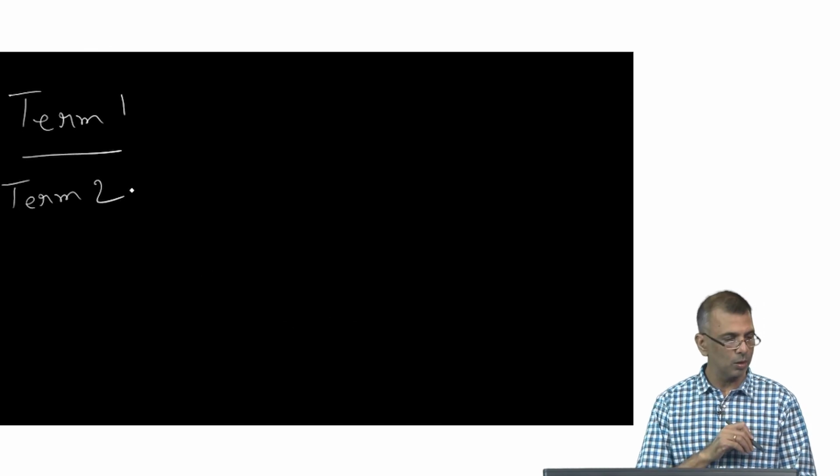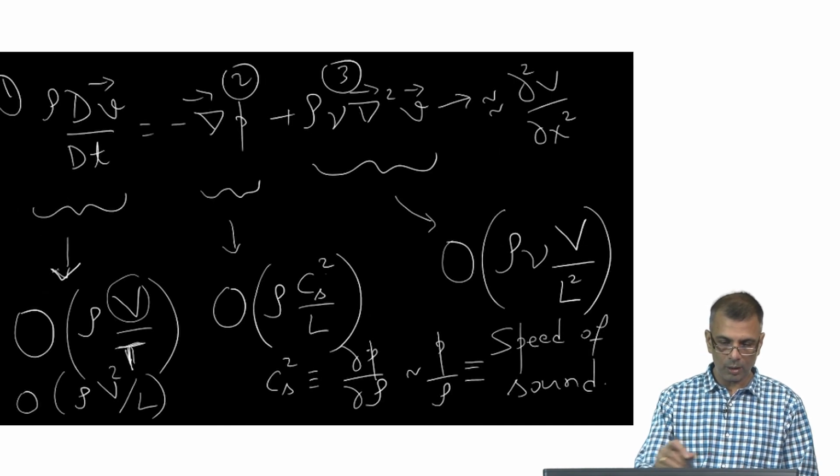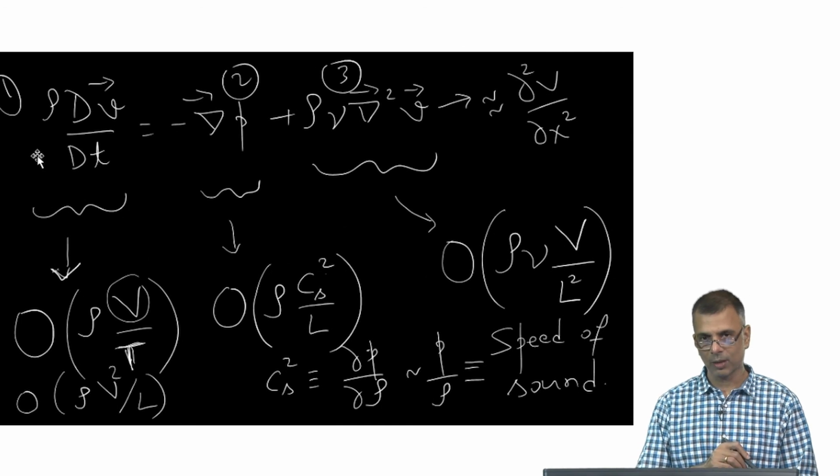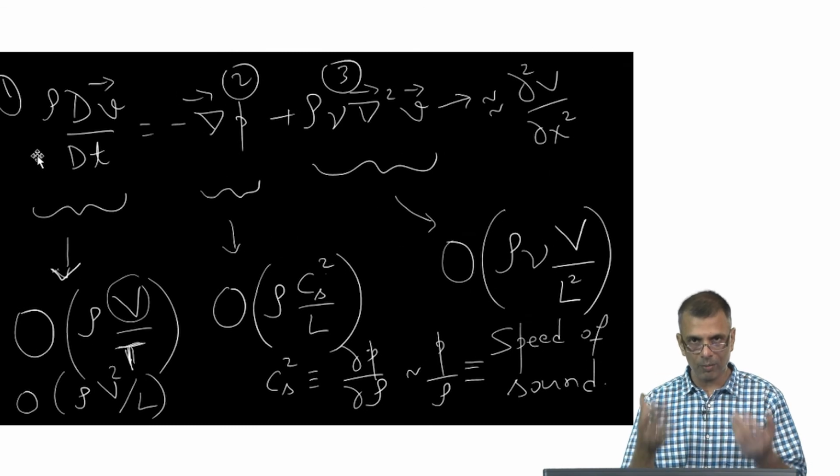Now the ratio of term 1 to term 2. Term 1 you see is what one would call the inertial term. This is what represents inertia, ma, by Newton's second law.